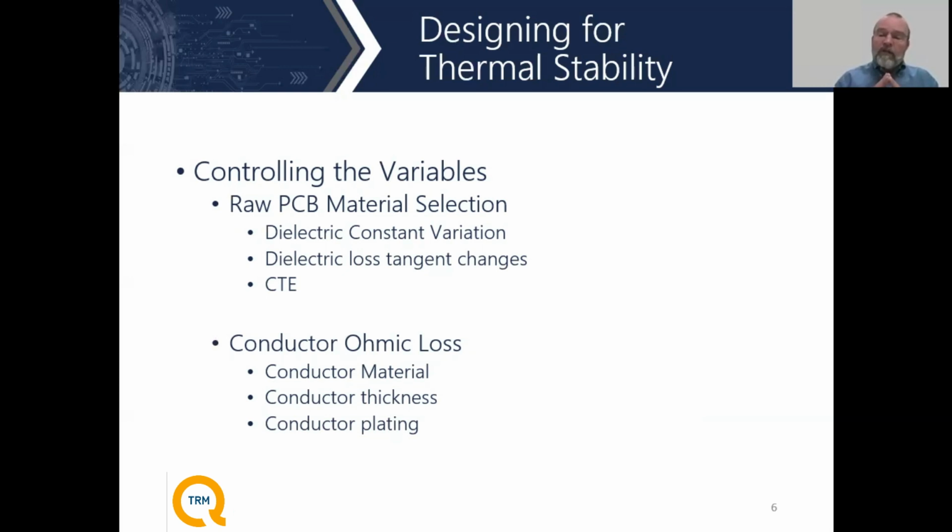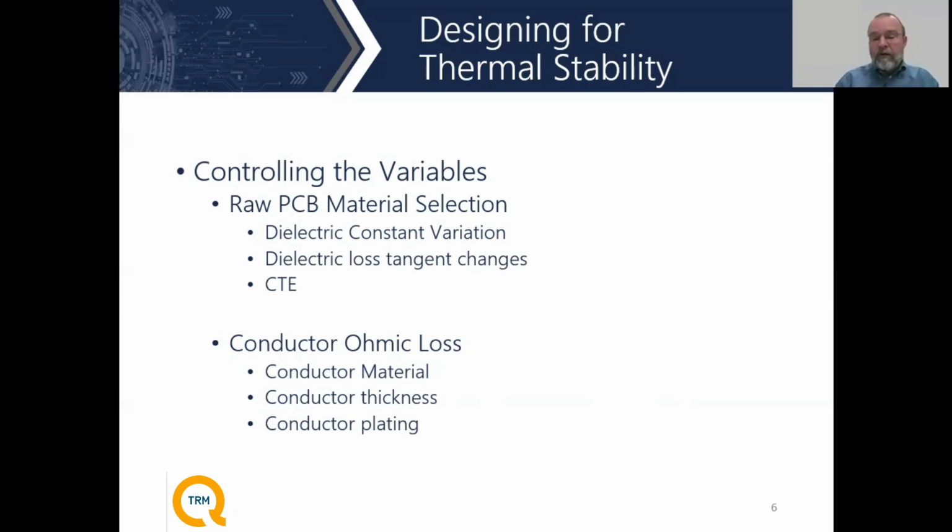Therefore, the amount of thermal expansion within those materials affects their electrical performance over temperature. This has to be very carefully monitored so that we mitigate and control those. Ohmic conductor losses are a little harder to control.